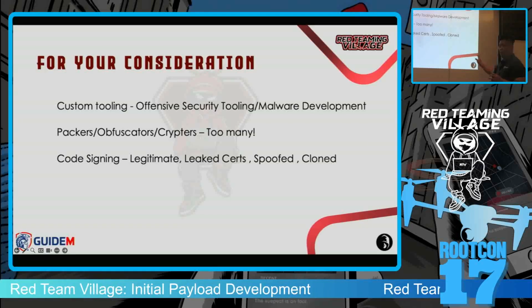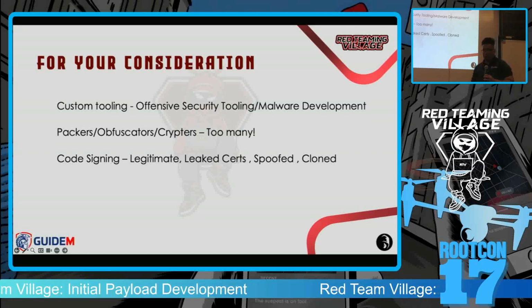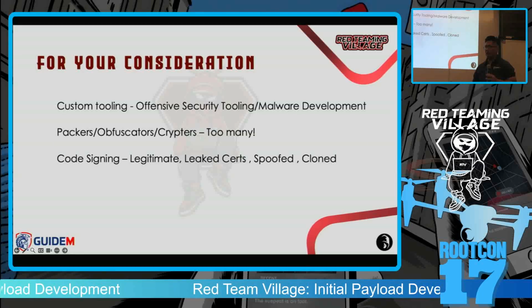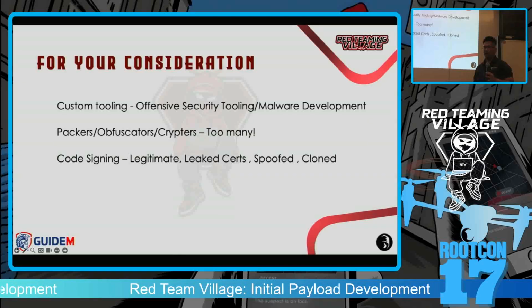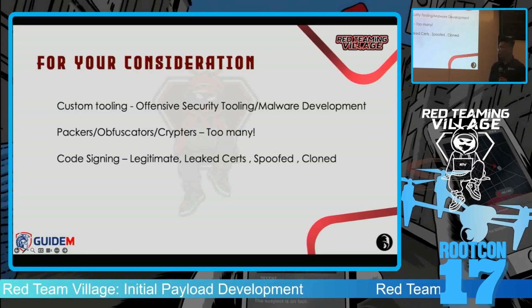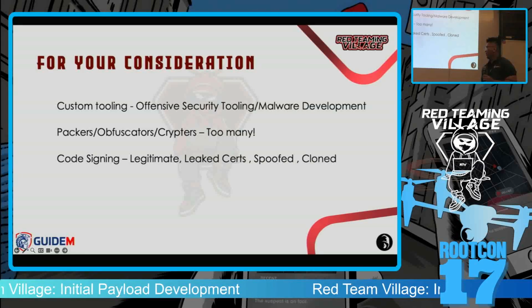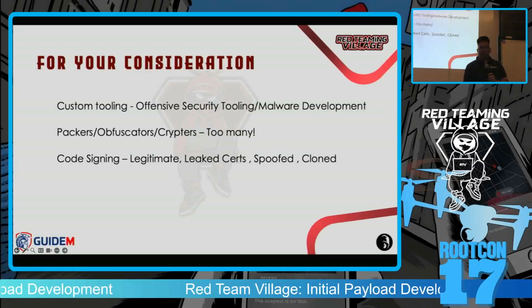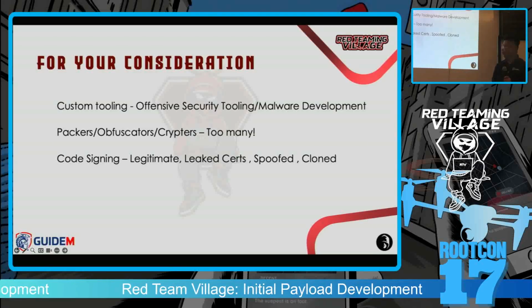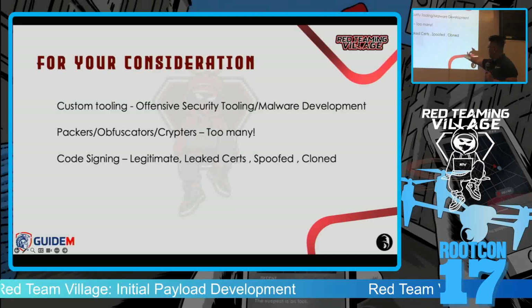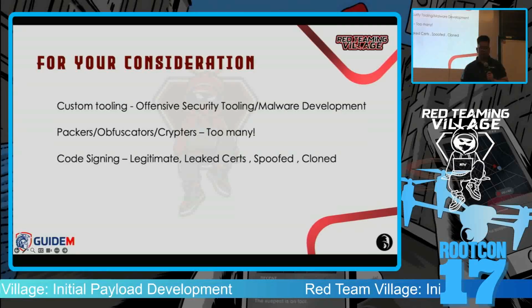Maybe consider a bit of malware development, not really from scratch, but mostly for customizing our initial access payloads. We can use packers, obfuscators, and cryptors, which I'll cover later. We can use code signing certificates, legitimate ones, or leaked, spoofed, or even cloned ones.